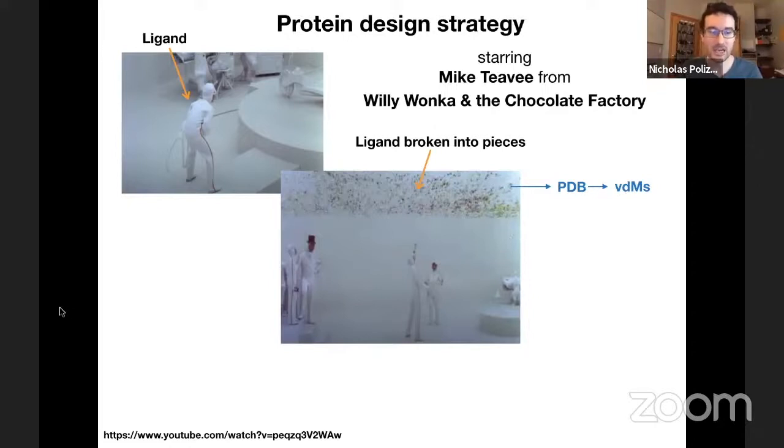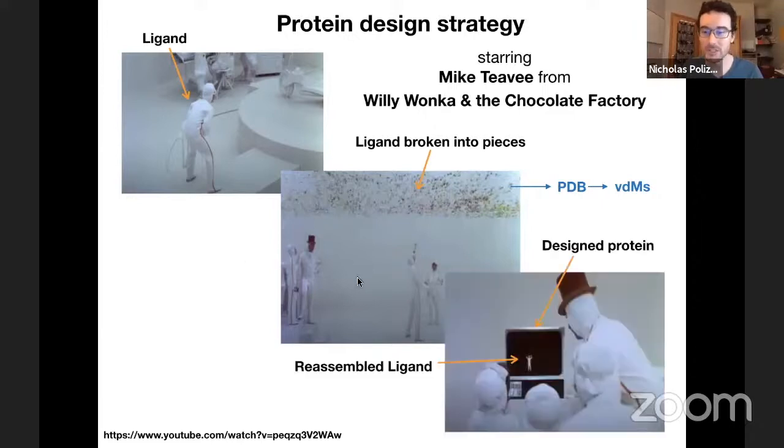And so once I have these new structural units for how proteins in the PDB interact with the pieces, the protein design process is really how do I reassemble those pieces within the context or framework of a protein backbone. Here, I'm just going to say this little TV is the protein backbone. And I need to reassemble those pieces within the context of this new backbone and see if that backbone can really support binding the ligand.